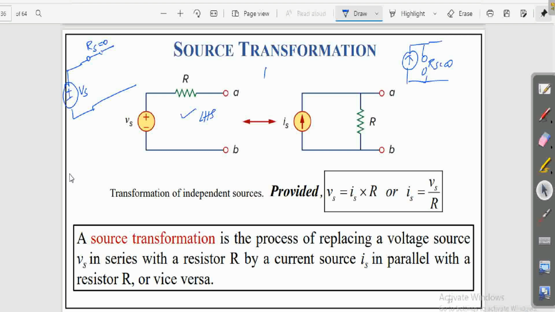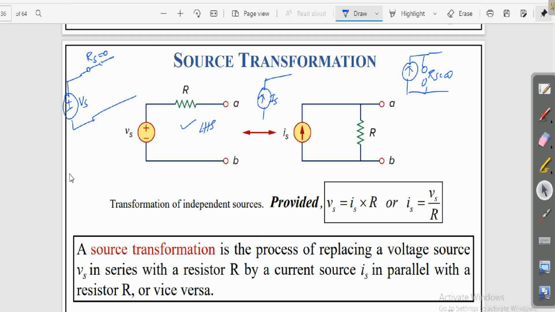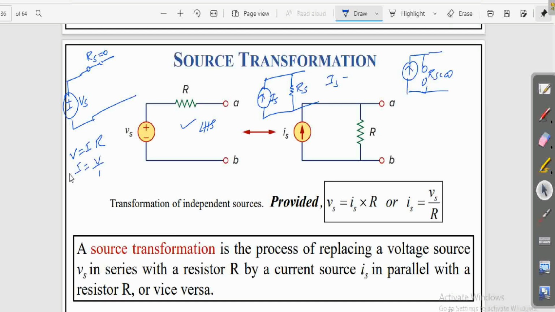So here we have to draw a current source, its value is Is, and we have to draw a resistor. The same resistor value we have to write here. But what will be the value of this Is? What is Ohm's law? With Ohm's law, V is equal to I into R. I want to find I. I is equal to V by R. Do we have V and R values?